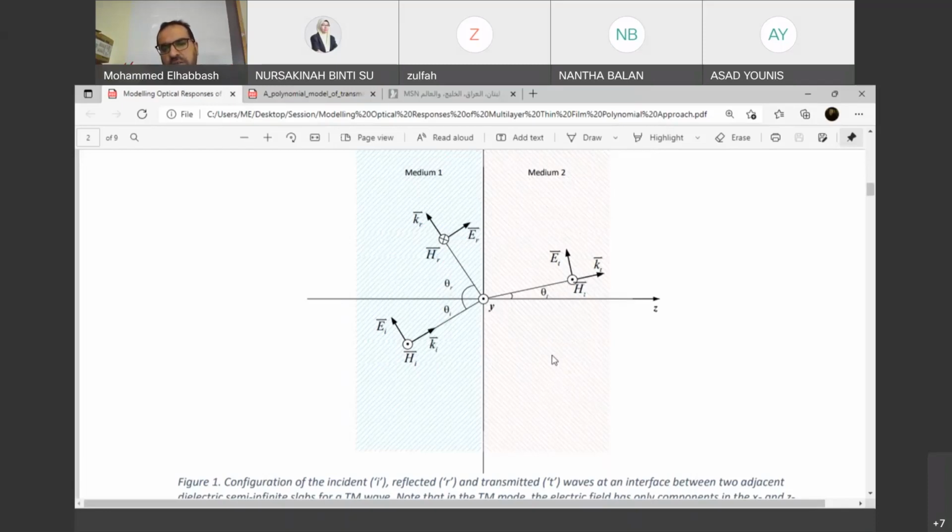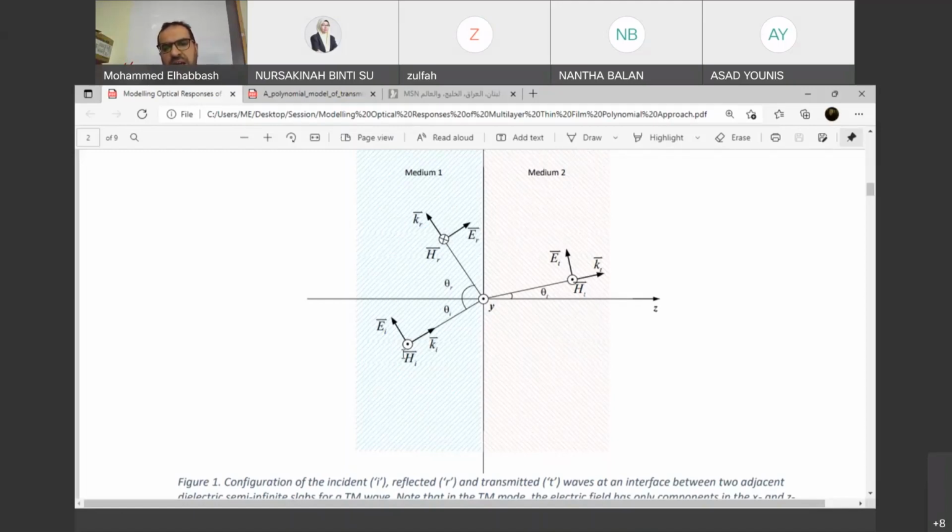How do we differentiate whether this is a TM mode or TE mode? You can see here that this is a symbol for the magnetic field. The magnetic field here is in the Y direction, and in the second medium it is in the Y direction, and here also in the Y direction, but in the opposite direction.